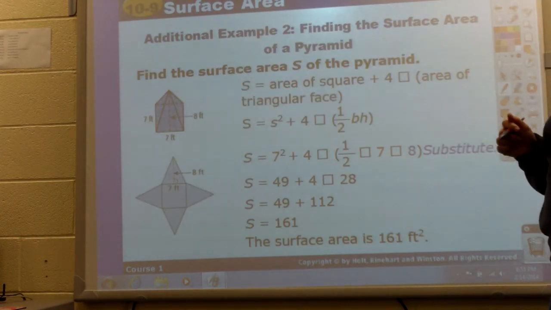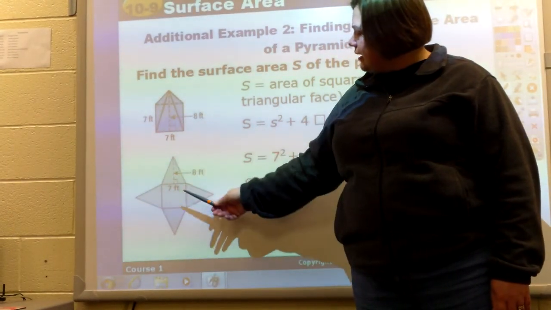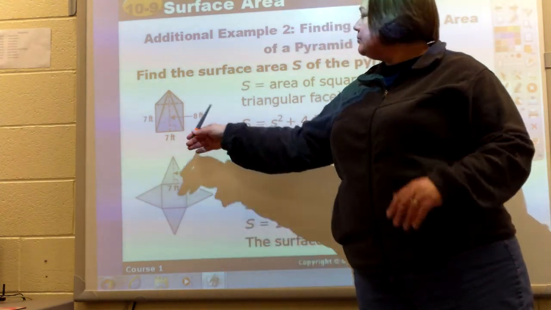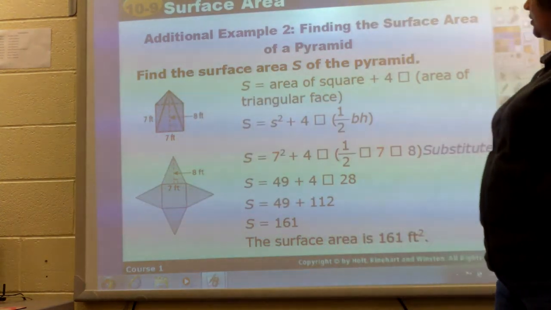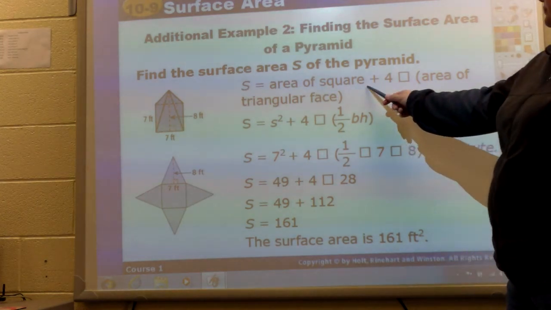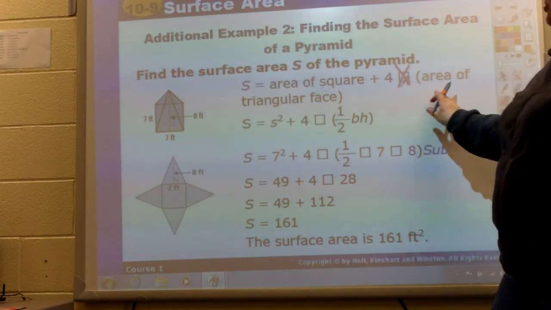Okay, same thing with a pyramid. The only difference here is you have one bottom, and then you have 1, 2, 3, 4 triangles that are identical that all come up to this top point right there. So on this one, you can do the area of the square plus 4 times the area of the triangular face.